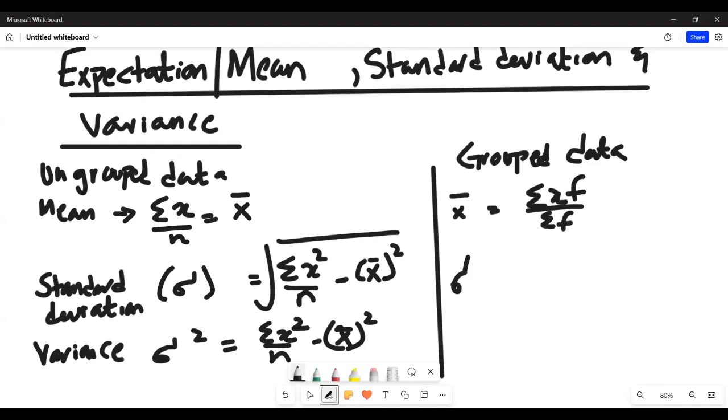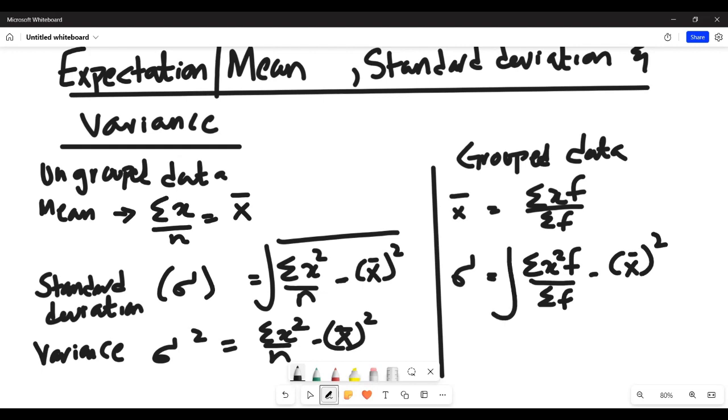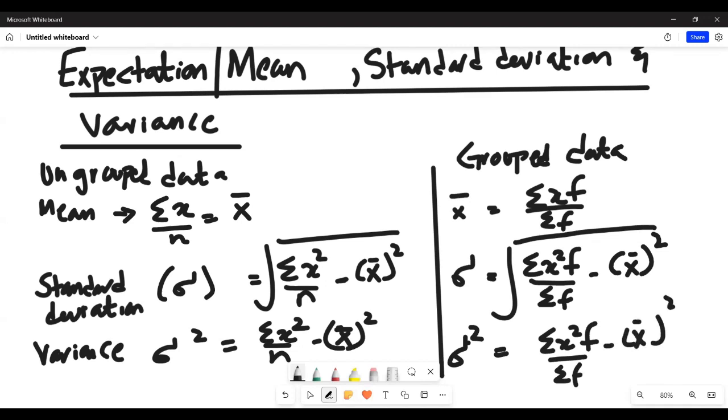The standard deviation is summation x squared times f upon summation f minus mean squared, and with an under root sign. And similarly, the variance is same thing without the square root.